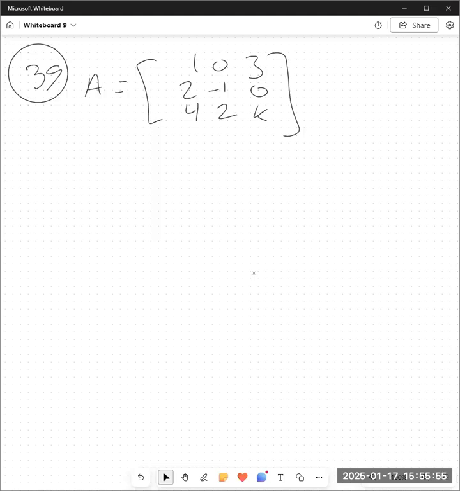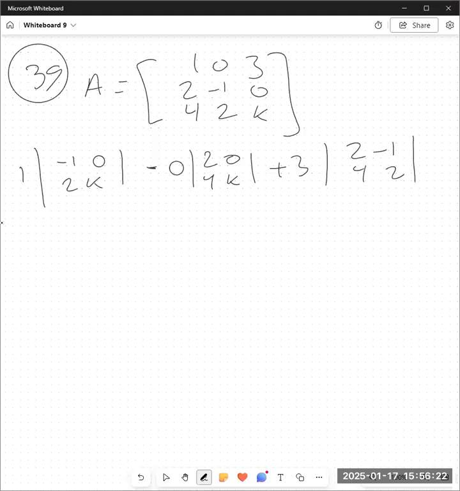Let's go ahead and expand this on row 1 here and say 1 times the determinant of negative 1, 0, 2, k, minus 0 times the determinant of 2, 0, 4, k, plus 3 times the determinant of 2, negative 1, 4, 2.